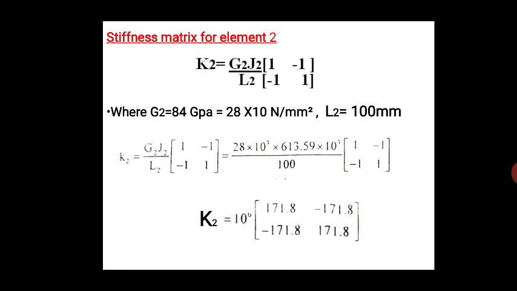Solving the above equation, we have the element stiffness matrix for element 2 as 10 raised to 6 into [171.8, -171.8; -171.8, 171.8]. This is the stiffness matrix for element 2.